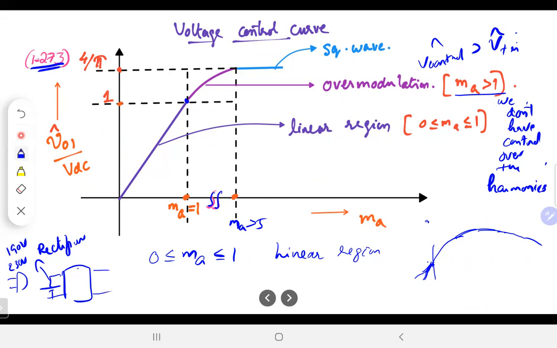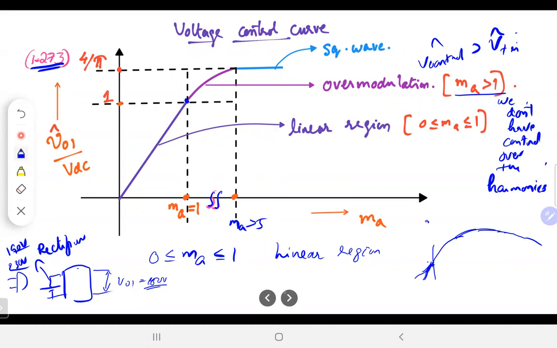We can always utilize overmodulation to ensure that the fundamental is maintained. So VO1, I can maintain it to be whatever I wanted, let us say some 180 volt. If the input voltage drops from 230 volt to 190, you can use the overmodulation region such that I can maintain the voltage as we desire.